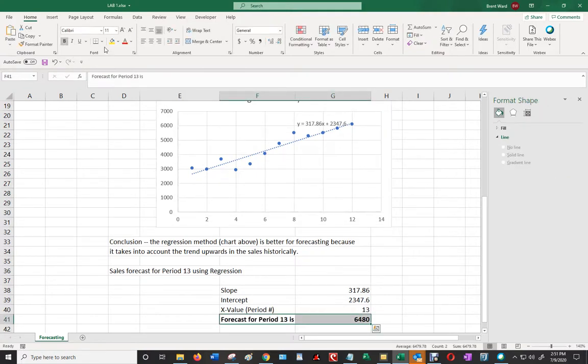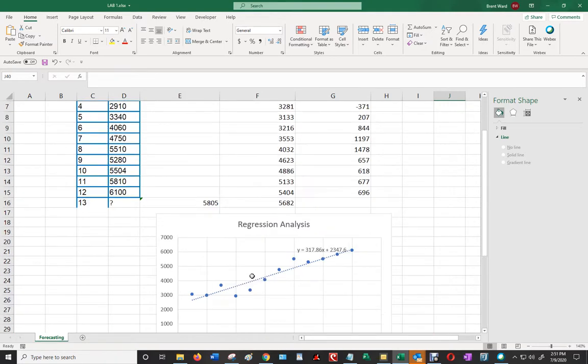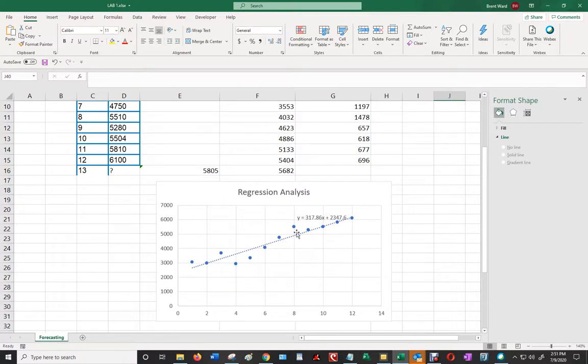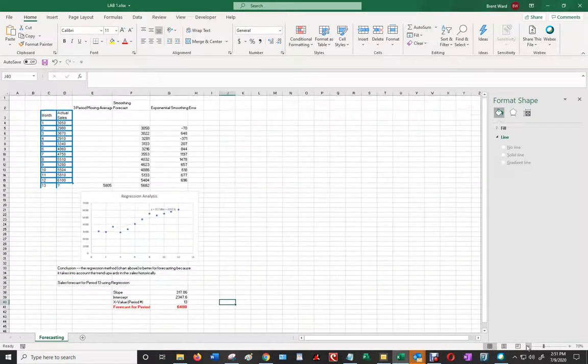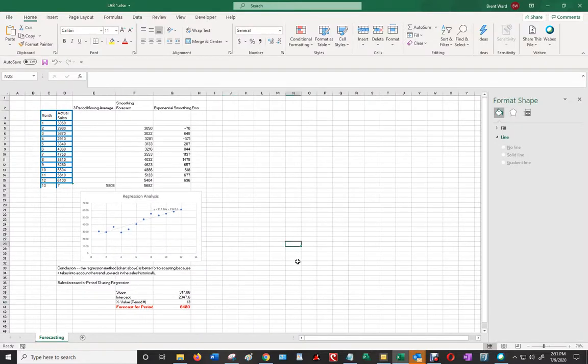My best forecast for period 13 would be this value, 6480, because it is based on this regression analysis that fits the data the best. Okay, so this whole thing right here is what I would complete on the spreadsheet, and I would give that to my professor.